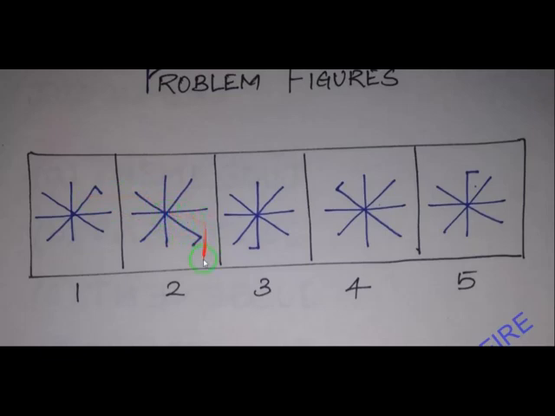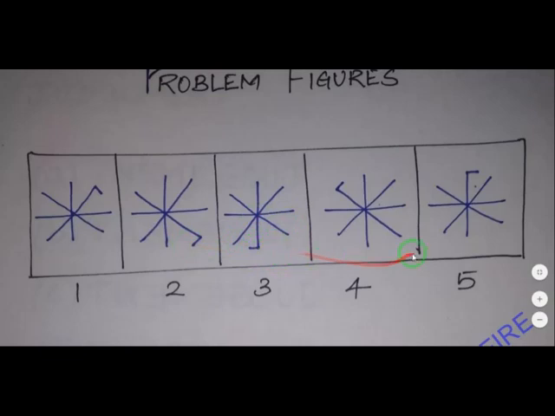You take this as one line in between the first figure and the second figure. So you put 1 for this. This is 0 and this is 1. In the third image, between the second and third there is no line in between, so you put 0 for this.